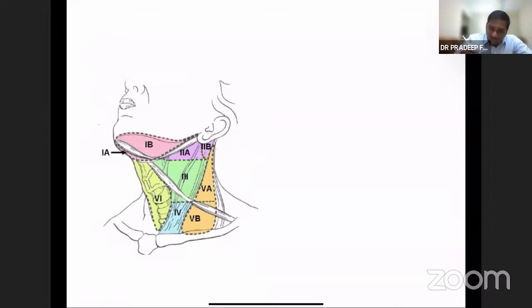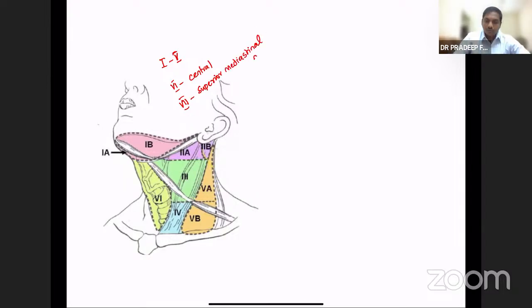The neck has levels 1 to 5, mainly for oral cavity cancers, level 6 is the central compartment, and level 7 is the superior mediastinal compartment, the superior mediastinal nodes.